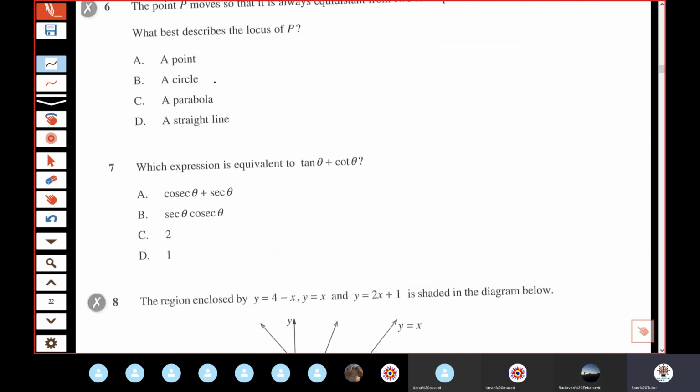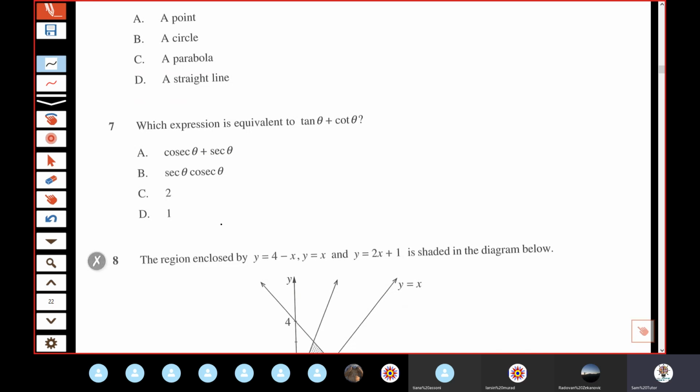All right, number 7. Same thing, useless looking at the answers straight away. Just start with what do you know for tan and cot, plus cot. Once you've written maybe your first or second line, that's when you would start looking at the answers. Tan is sine on cos, cot is cos on sine, sine squared plus cos squared.